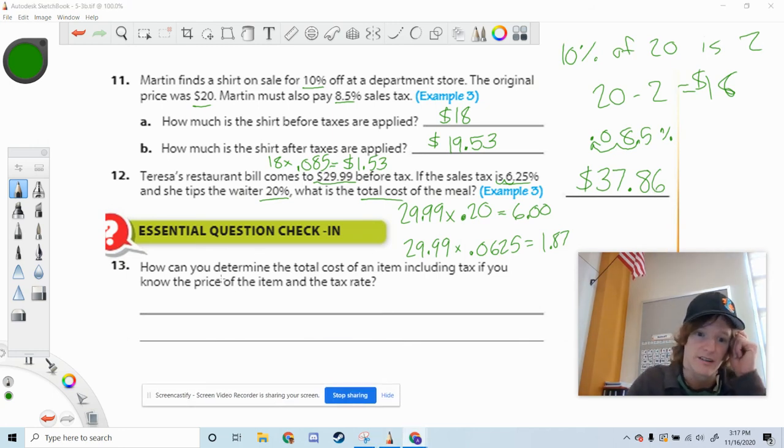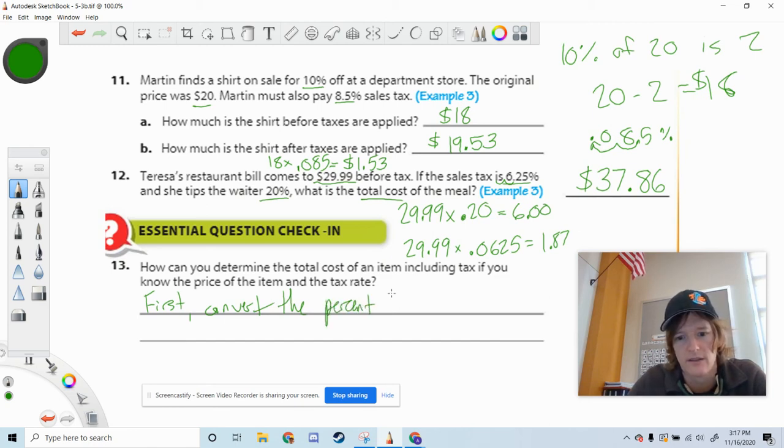For number 13, how can you determine the cost of an item including tax if you know the price of an item and the tax rate? So if we know the price, this is a lot like number 11, part B. If we know the cost of the item and we know the tax rate, first convert the percent to a decimal.